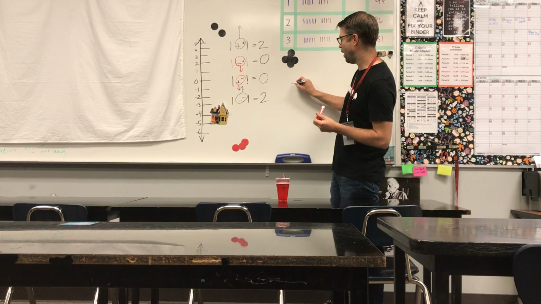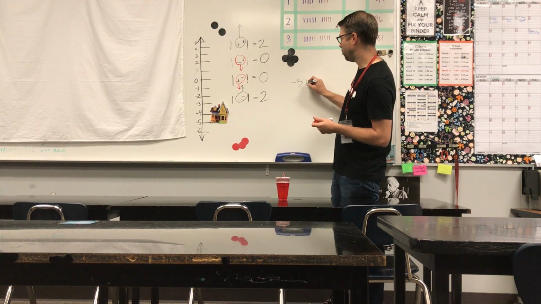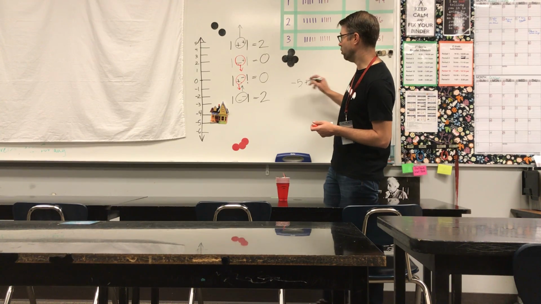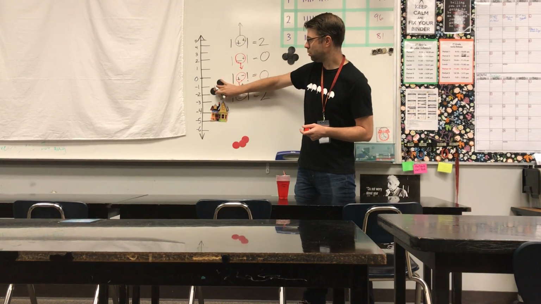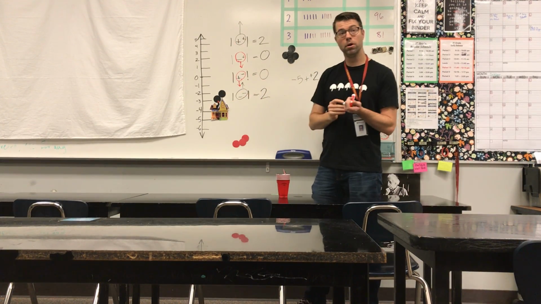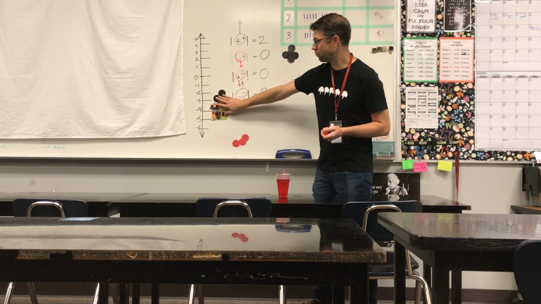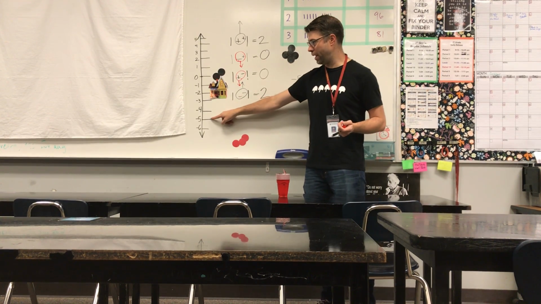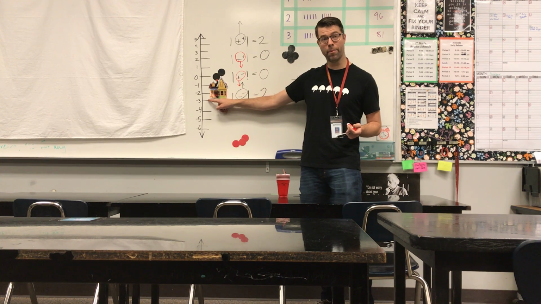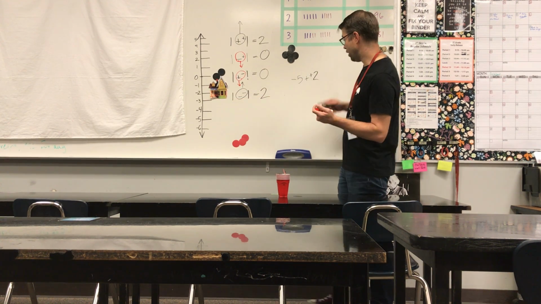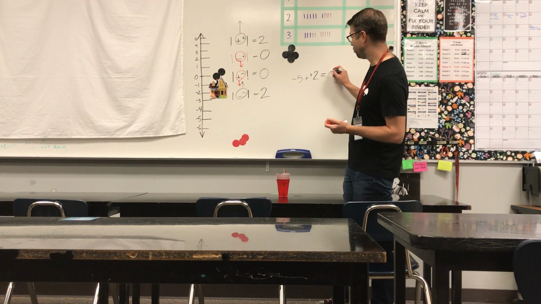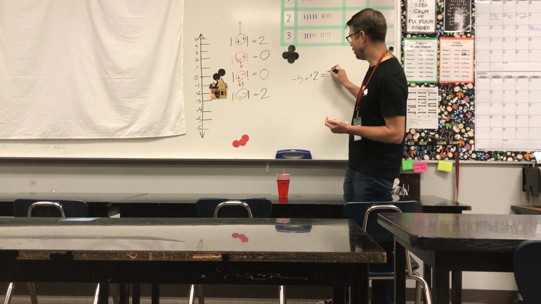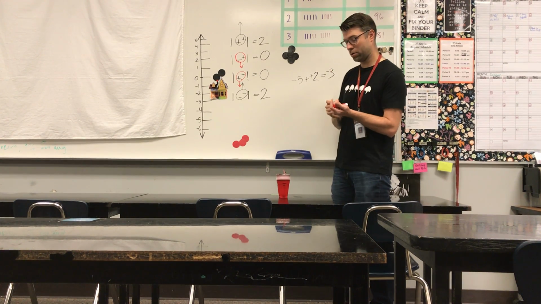If I start at -5 and I add positive 2, where's it going to go? Up. How far? 2. 1, 2. So I started at -5, and now I'm at where? -3. Now it's sitting on -3. So -5 plus positive 2 is -3.